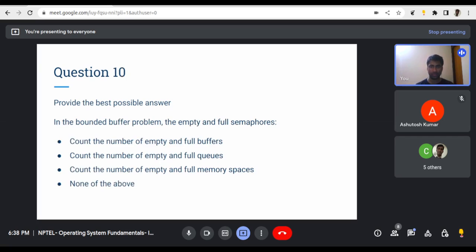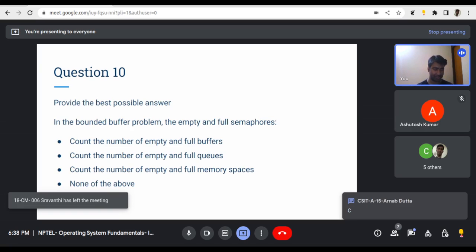So in the bounded buffer problem, the empty and full semaphores count the number of empty and full buffers, or count the number of empty and full queues, or count the number of empty and full memory spaces, or none of the above. So which do you think is the correct answer among the following? Anyone would like to contribute?